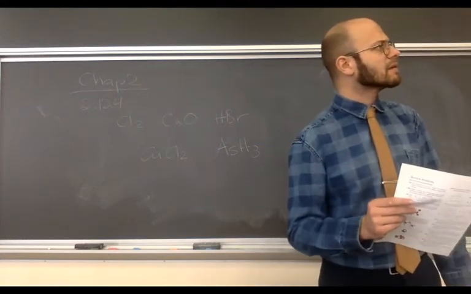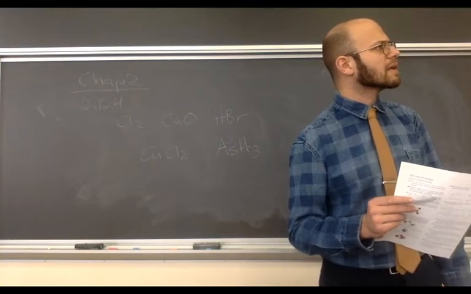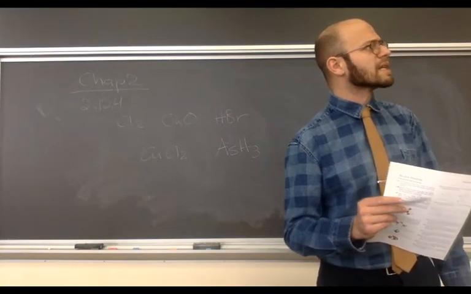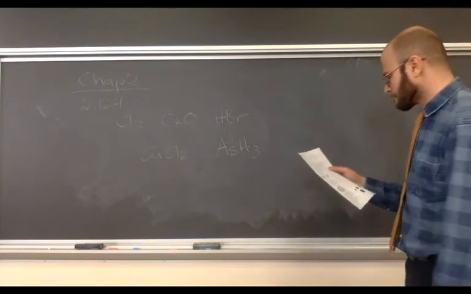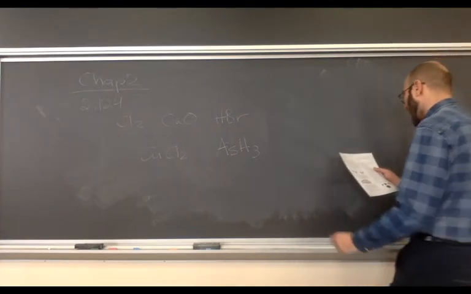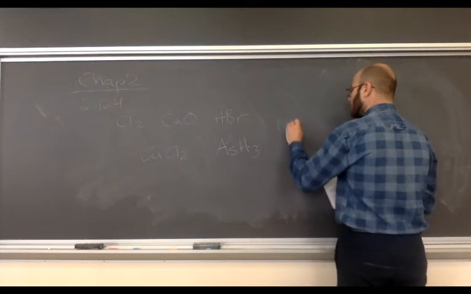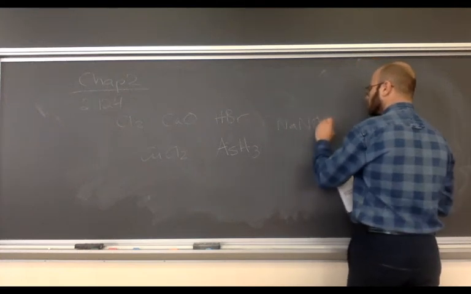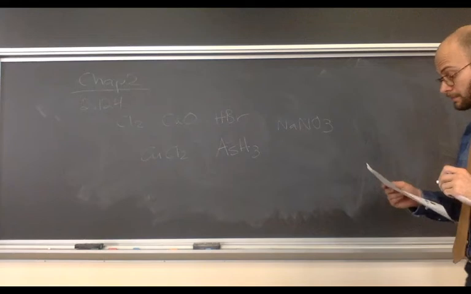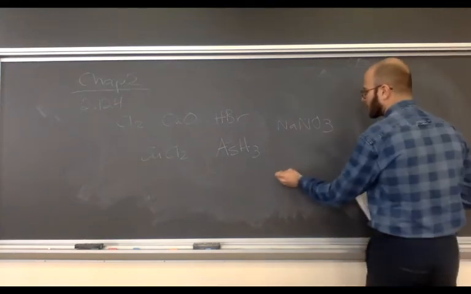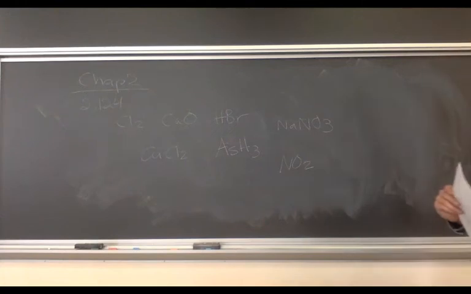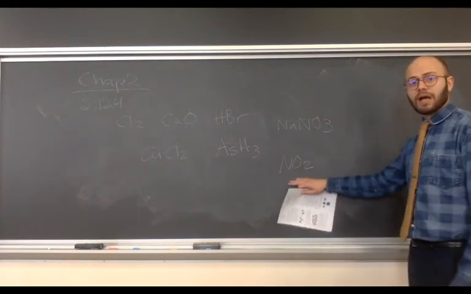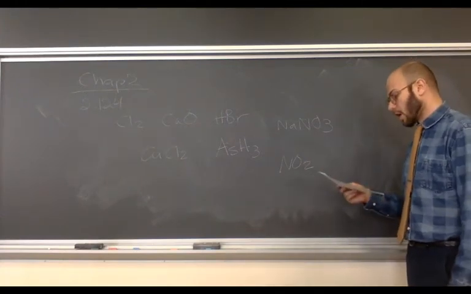I think it is arsenic. Arsenic hydride, also probably very toxic. We have sodium nitrate, probably used as a preservative in some of those meats that you've eaten. And then lastly, we have nitrogen dioxide, or NO2, a component of some of those pollutants that are coming out of the back of your car.